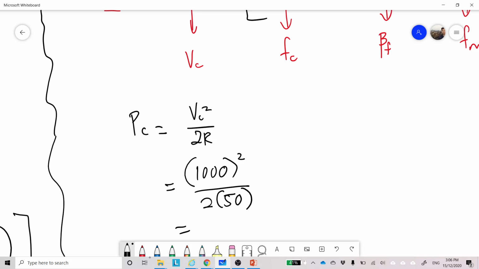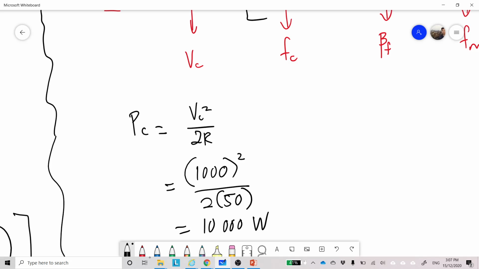So you akan dapat berapa ni? 1000 square divide with 100. So you will get 10,000 watt. Very big. Okay, sangat besar.